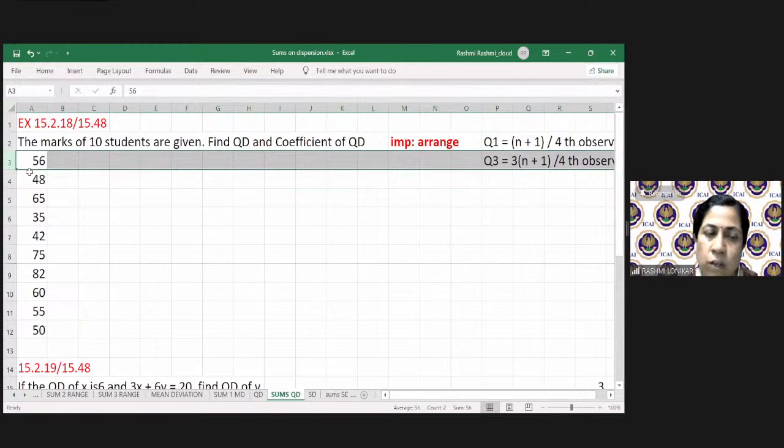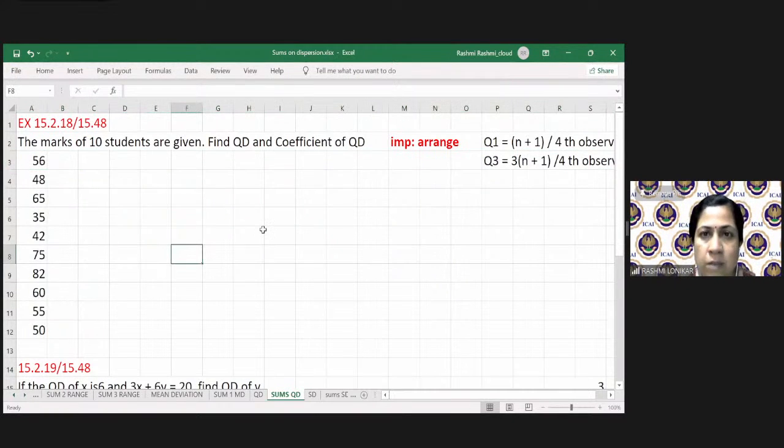Okay, so what do I have to do? I have to find the quartile deviation. The most important thing here is that I have to arrange them in the order. So let us arrange the numbers in the order.